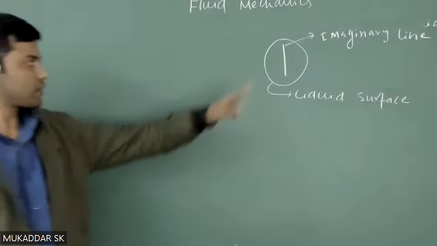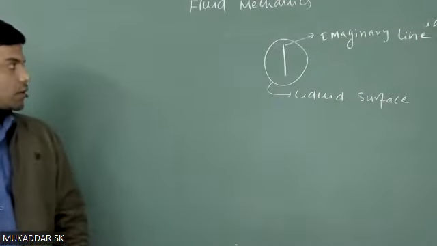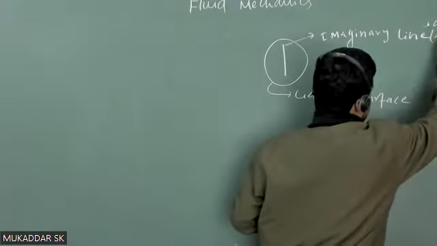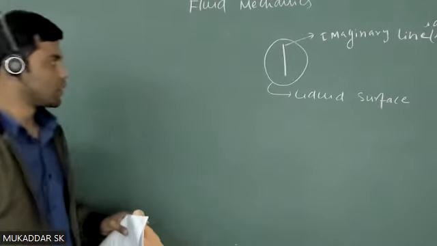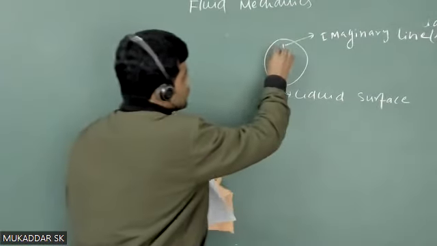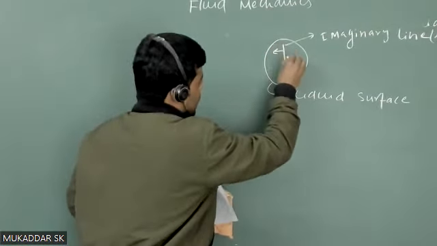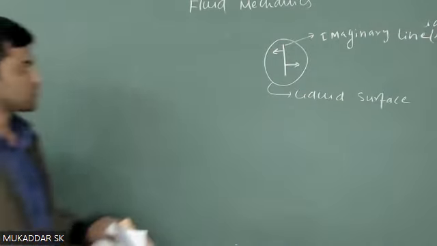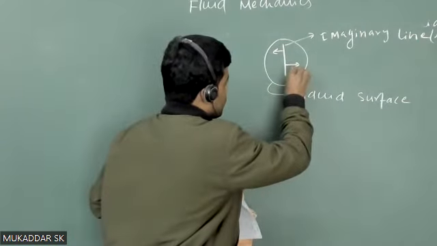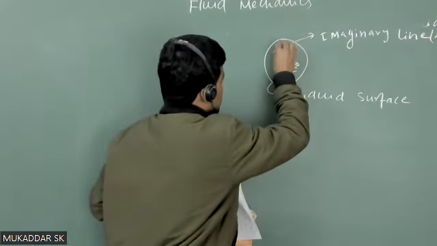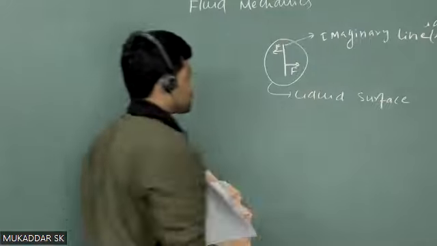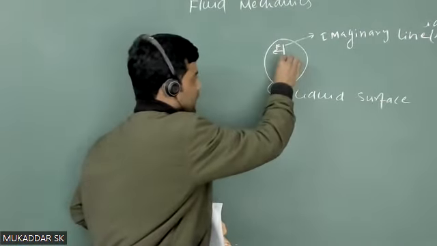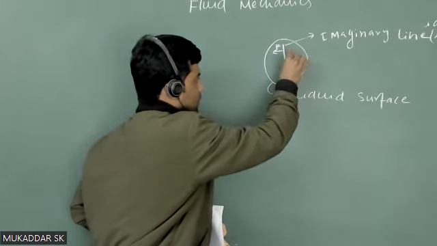This line is on the surface of the liquid. Let us assume the length of this line is L. Then a force will act on both sides of this line. And the angle between this force and this line will be how much? That will be 90 degrees.